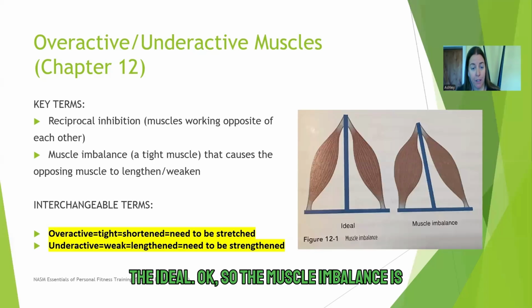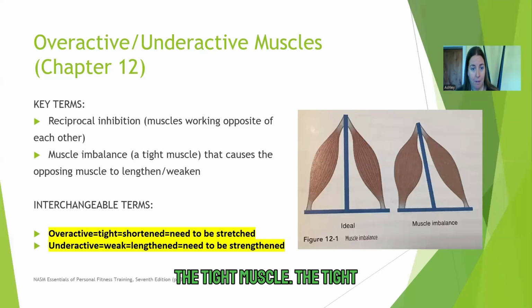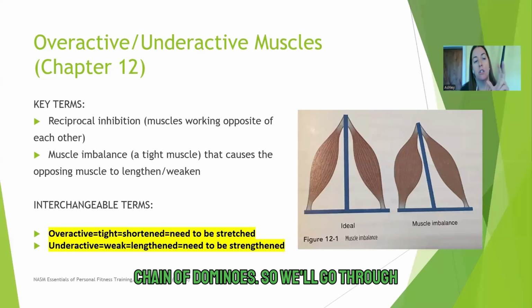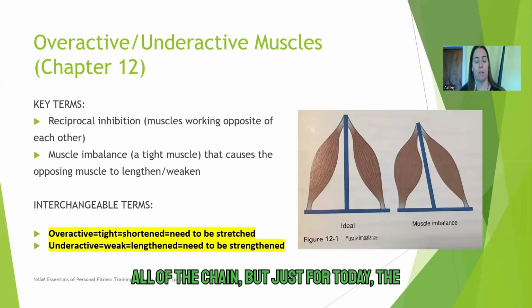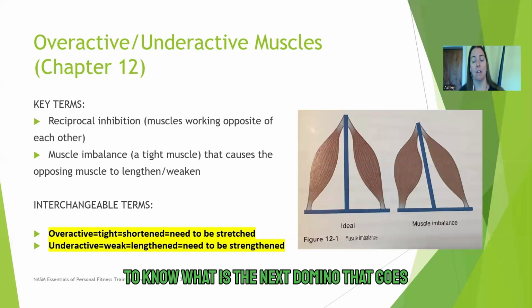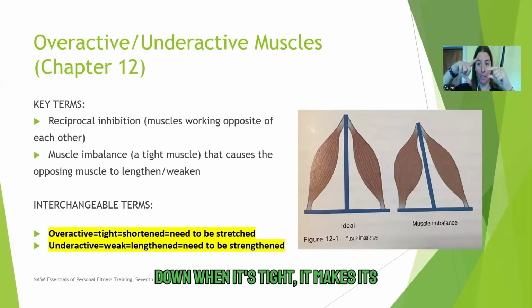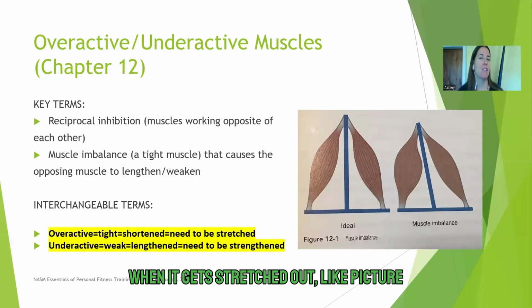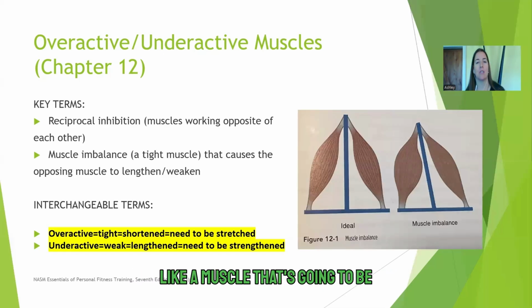Okay. So the muscle imbalance is the tight muscle. The tight muscle never stops there. This is like a chain of dominoes. We'll go through all of the chain, but just for today, with the overactive and underactive muscles, we want to know what the next domino is. When it's tight, it makes its opposite muscle weak, because when that one gets stretched out, picture a muscle that's chronically stretched out.